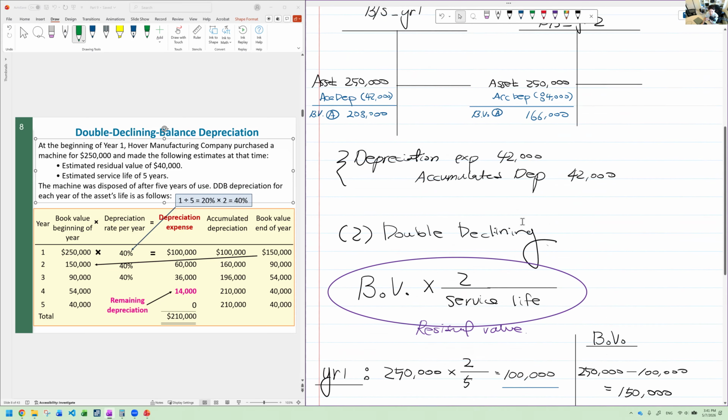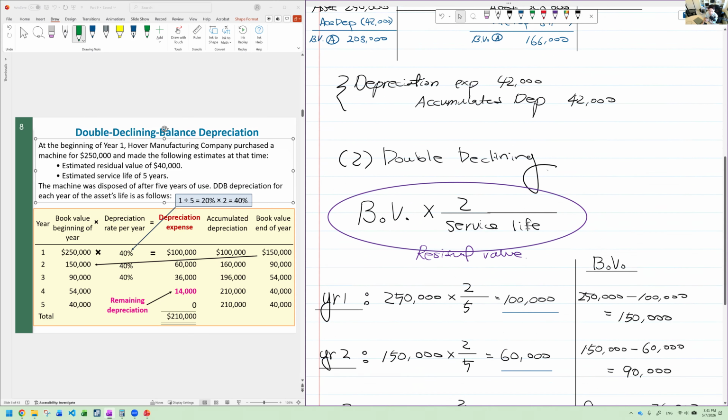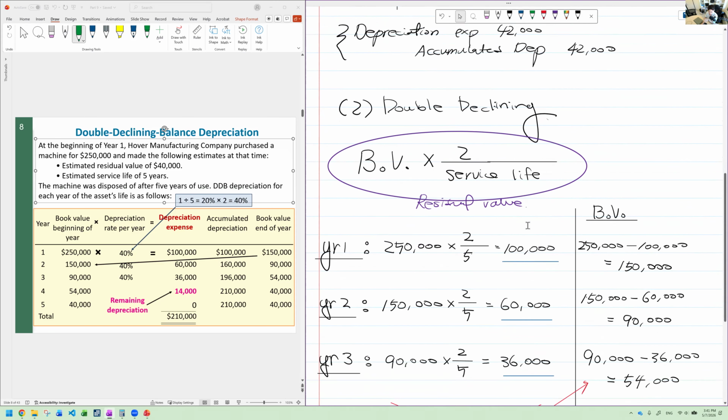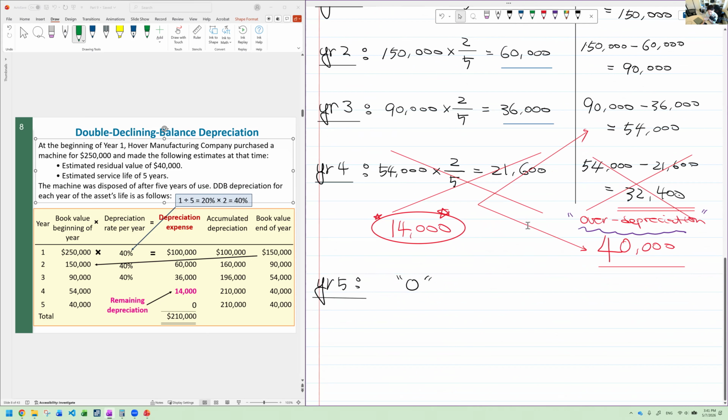However, if you take a look at the straight line method, the formula itself has this residual component in it. So you will never encounter the over depreciation issue when it comes to the straight line method. Okay. All right. So always be careful when you are using the double declining method, because it is very likely that in the later years you might encounter this over depreciation issue.